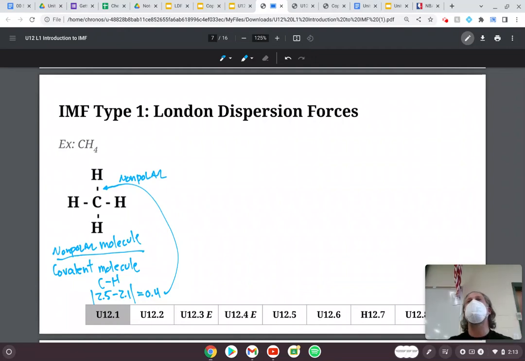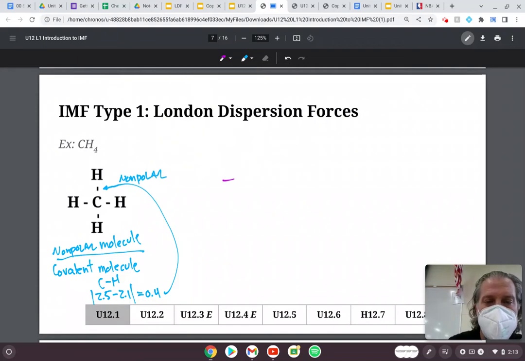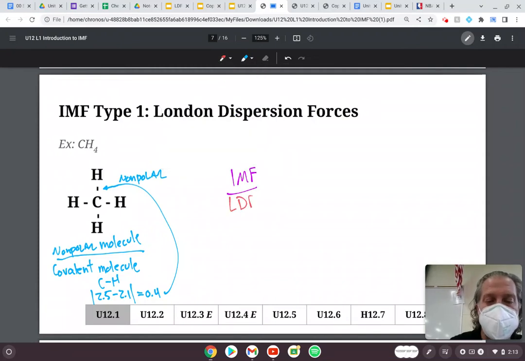And if it's a nonpolar molecule, the only intermolecular force of attraction that that molecule can show is London dispersion forces. And so we also want to take a tally of how many total electrons this molecule has.